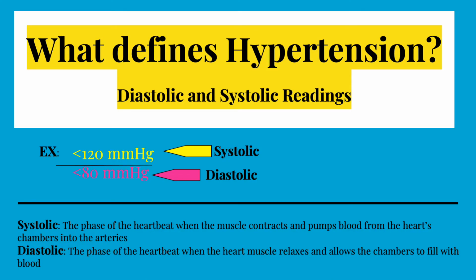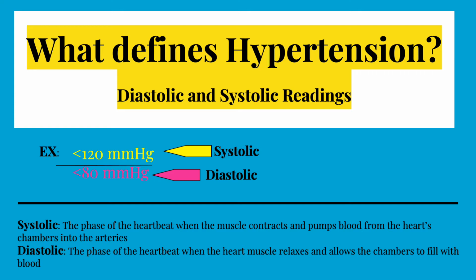So, talking about hypertension, what numbers define hypertension? We're going to discuss diastolic and systolic readings. Underneath the heading, you'll see an example where it reads less than 120 mmHg. That top number you see highlighted in yellow is your systolic number.